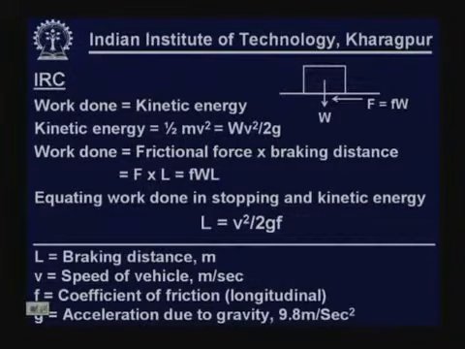where L is the braking distance in meter, v is the speed of vehicle in meter per second, f is the coefficient of friction longitudinal. We are talking about the coefficient of friction, which is longitudinal coefficient of friction, and g is the acceleration due to gravity, 9.8 meter per second square.